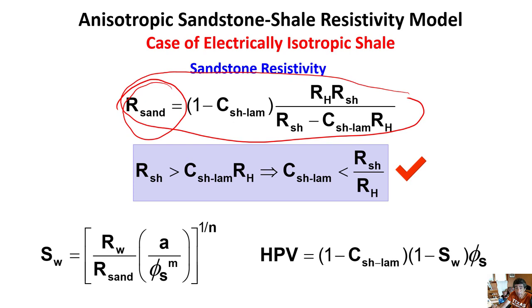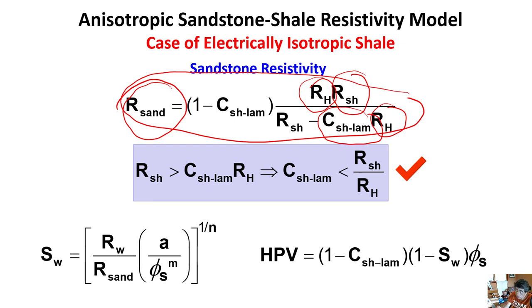But we have to be very careful with this equation that comes from solving the parallel circuit, in which we have all the variables that we need. Our RH, horizontal or parallel to bedding plane, is a measurement. Just to remind you, RSH is the resistivity of the shale measured across a pure shale, and CSH is the calculated volumetric concentration of shale that we have done here.